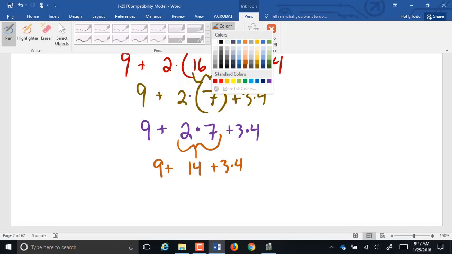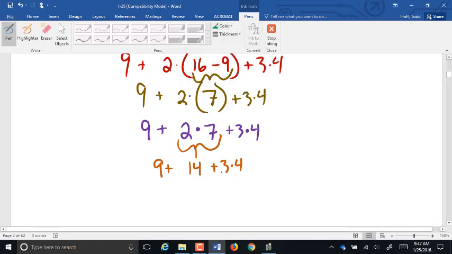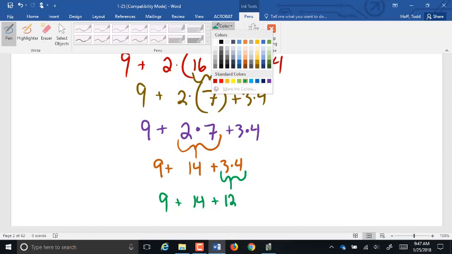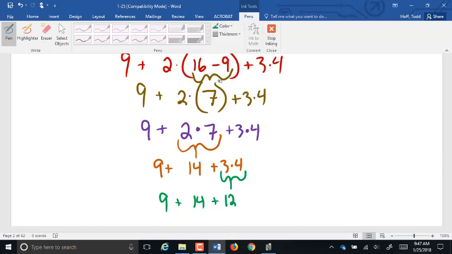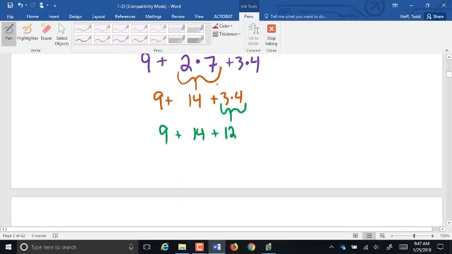Next would be 3 times 4, which is 12. No more multiplication or division, so we're down to addition and subtraction. Go left to right. So we have 9 plus 14 is 23. 23 plus 12 is 35.